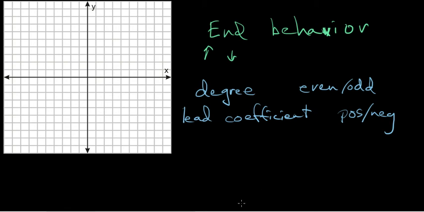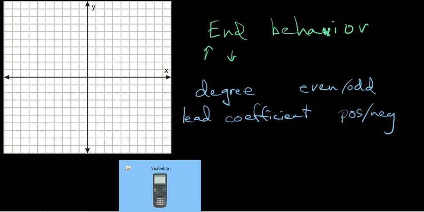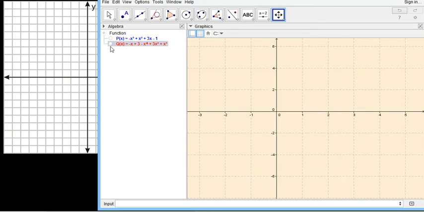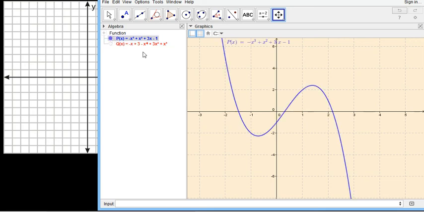And anyway, there's one more thing before you do anything else. I want to show you something on this. Let's take a look at P of x. This is P of x. It's negative x to the third plus and so on. So if you look, the lead coefficient is negative, because this one is in standard form.